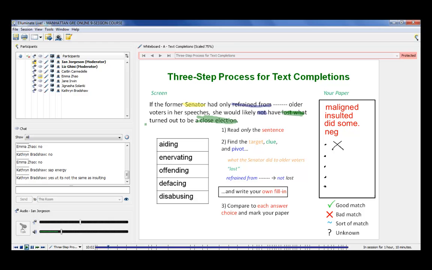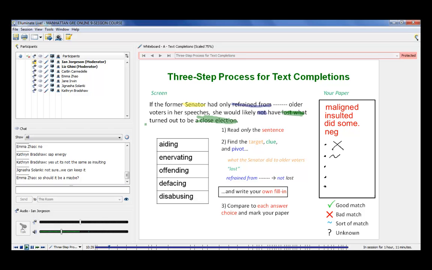What if we came up with something a little bit too specific? Are we so sure that insulting is correct that we're unwilling to look at any negative word other than insult? Okay, let's hold on to it, but we don't love it.